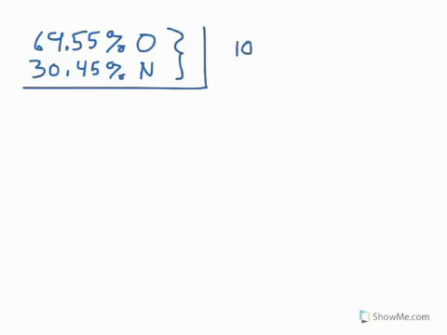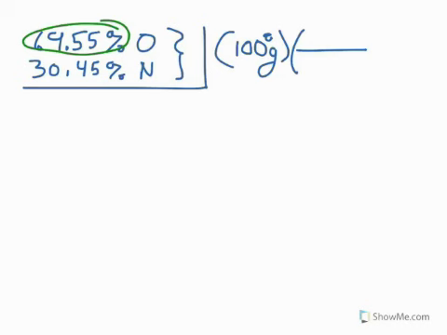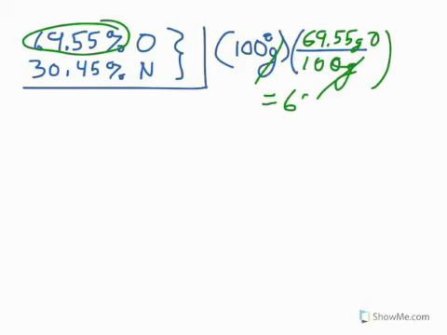So if I have 100 grams of compound, that means, according to this number over here, 69.55% is oxygen, so it means 69.55 grams of oxygen per 100 grams. And so I have exactly 69.55 grams of oxygen. You don't have to show this calculation, but I want to work it through so people understand.